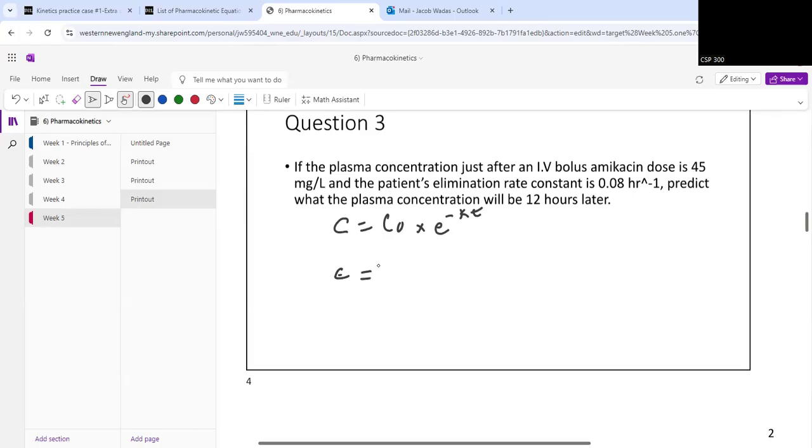Very good. So we're solving for C. The initial concentration is 45 times e to the negative 0.08 times 12. Let me know what you get. Anyone have an answer? 17.23 is correct.